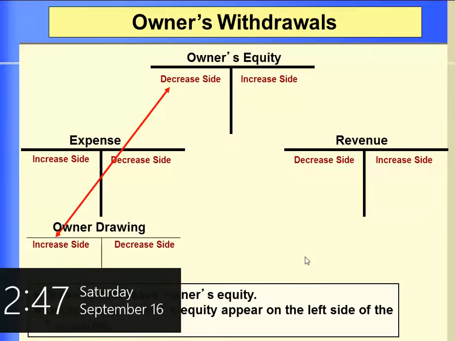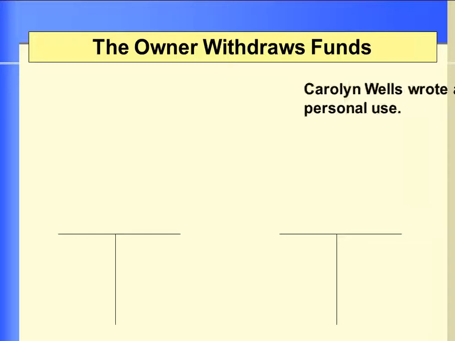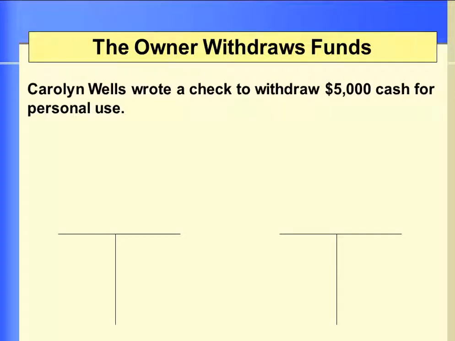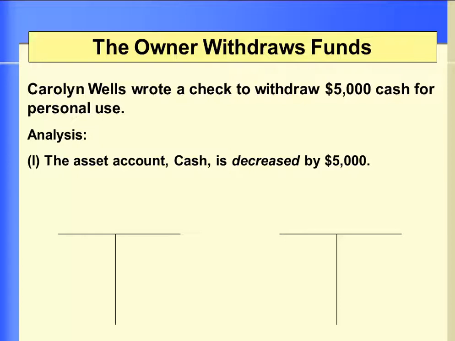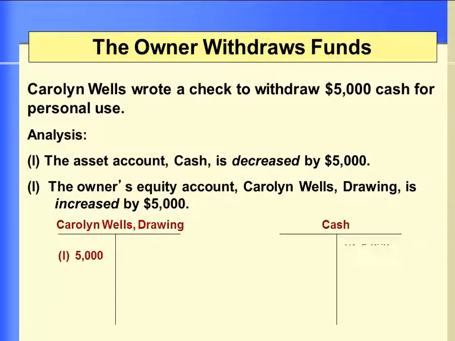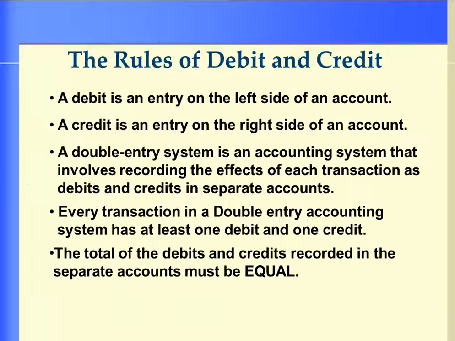Yeah, okay, so this is owner's drawing, right? So here's another example. She writes a check to herself. We decrease cash by 5, and we increase drawing by 5, which that drawing will decrease owner's capital.